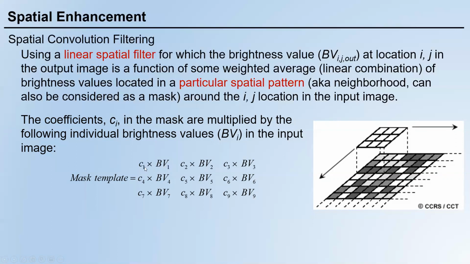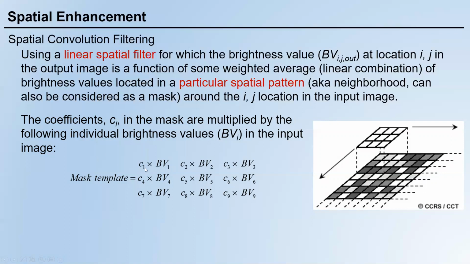C1 can be any number. It could be 0. If it is 0, there is no weight for pixel 1, which means pixel 1 does not affect the calculated new value for the central pixel at all.